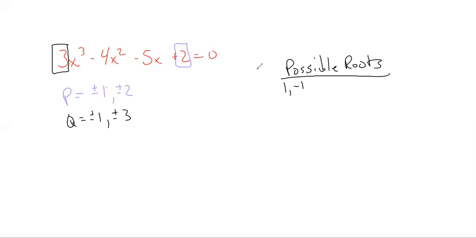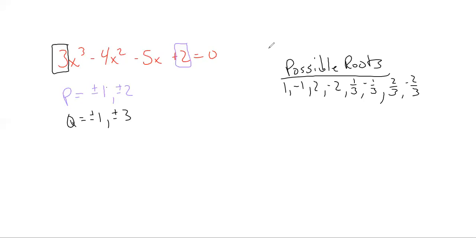Then you go 2 over 1, negative 2 over 1, 1 over 3, 1 over negative 3, or negative 1 over 3, 2 over 3, and negative 2 over 3. All of those are possible roots for us to do. What we're going to do now is start trying these roots to see if they work.